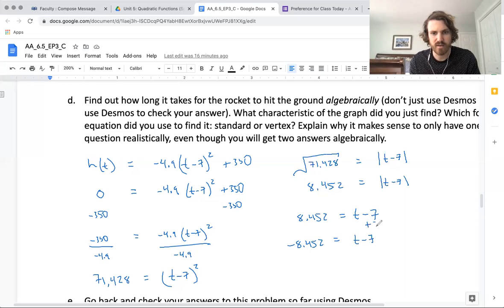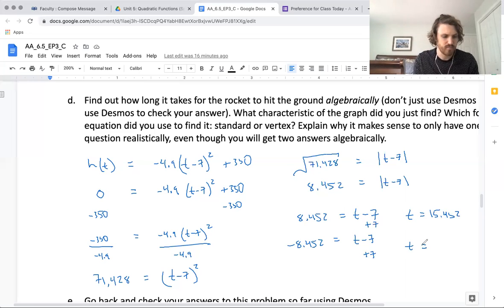Then I'm going to add 7, and I should get t equals 15.452, or t equals negative 1.452.